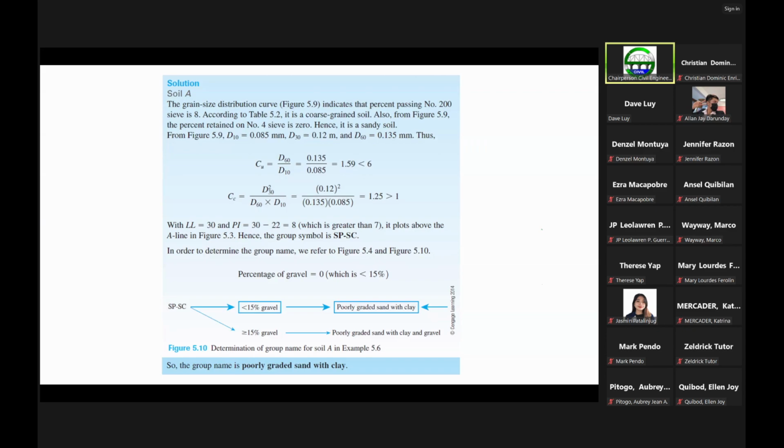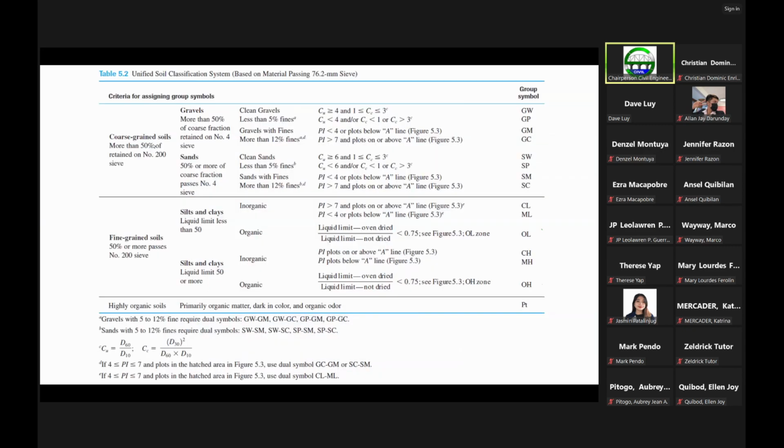That is equivalent to 92% retained on the number 200 sieve. That is more than 50% retained on the number 200 sieve. So that means we have a coarse grain soil. We didn't focus on this one here, so let's forget about the fine grain soil.